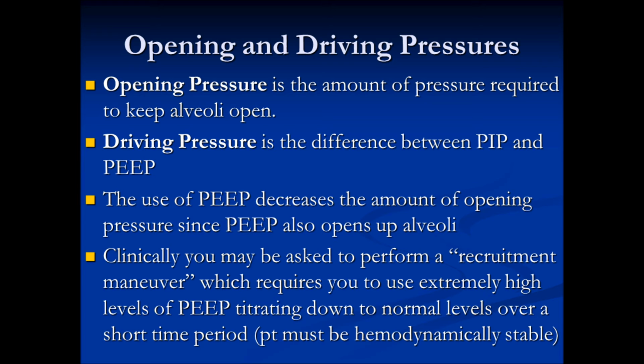So you might start with a PEEP of 12, even on a neonate, 10, 12. It's higher than the normal level of PEEP. So start with a really high PEEP, and then over, say, a 5-minute time frame, you go 10, then a minute later, go 8, a minute later, go 6, and so on and so forth.